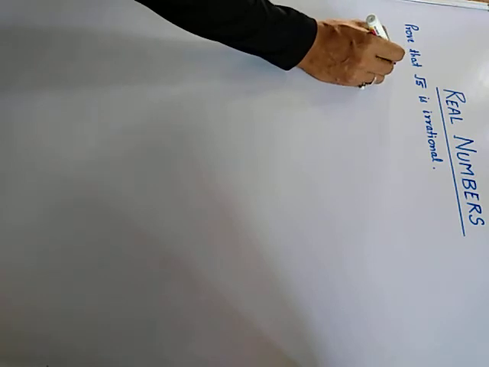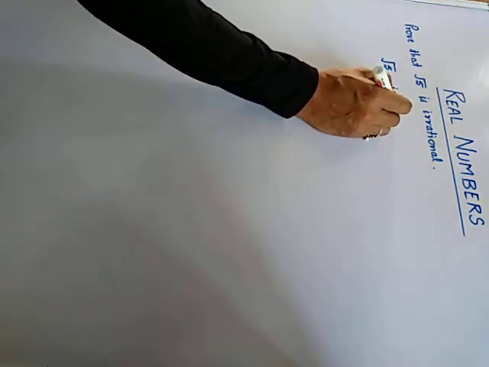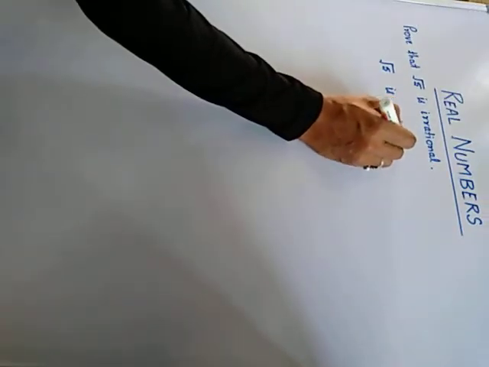Now we are going to prove root 5 is irrational. Let us assume to the contrary that root 5 is rational. We have to prove that it is irrational, but we are assuming that root 5 is rational.